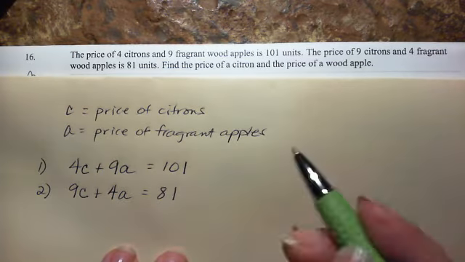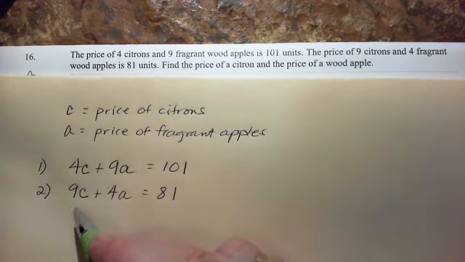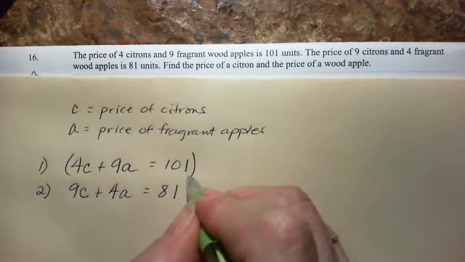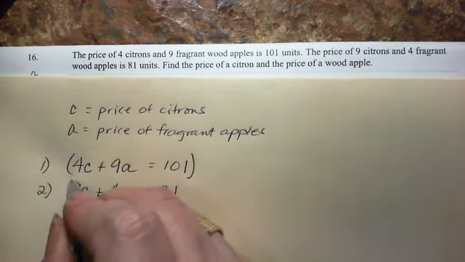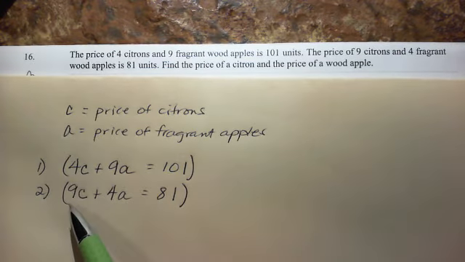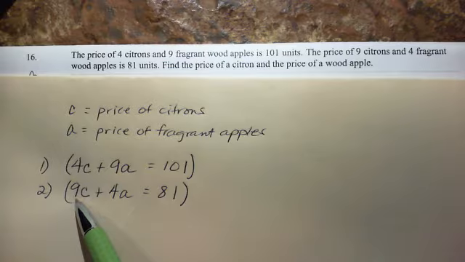We could multiply either way to cancel C's or A's. Let's say if we wanted to cancel C's, we could multiply, let's see, 9 and 4 multiply together for 36.